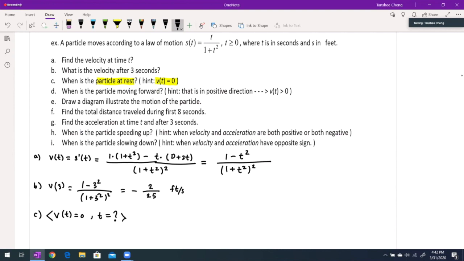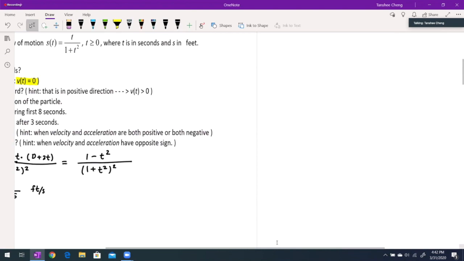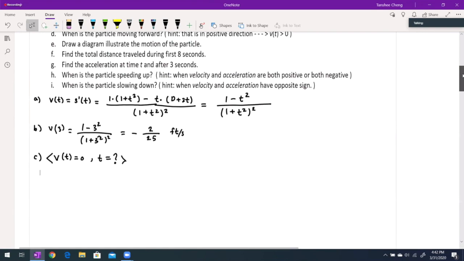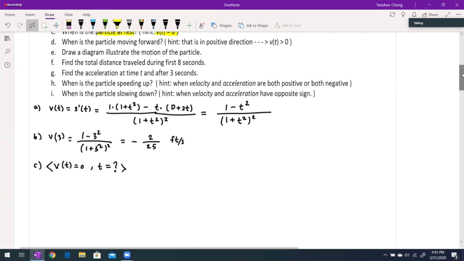So now I'm going to find that function value. v of t, which is 1 minus t squared all over 1 plus t squared, quantity squared, is equal to 0. When I multiply both sides by the denominator, that gives me this, and I get t equal to plus or minus 1.